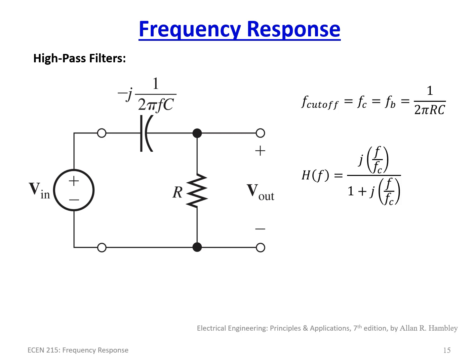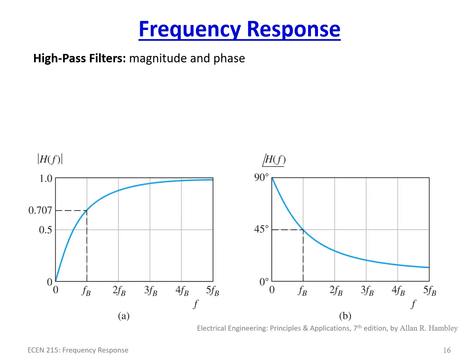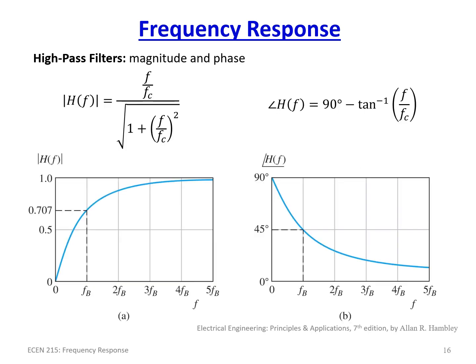So here, same thing. The cutoff frequency is the same, except because of the way the math works out, it's really a cut-on frequency. In other words, it cuts off everything below the frequency and passes everything above the frequency. And so the transfer function on this is j f over fc, over 1 plus j f over fc. And then we end up with our transfer functions in the sense of magnitude and phase looking like this.